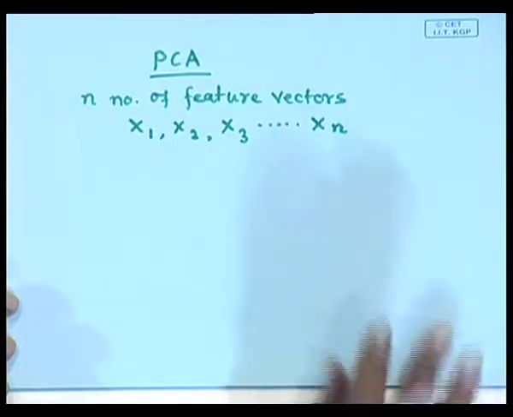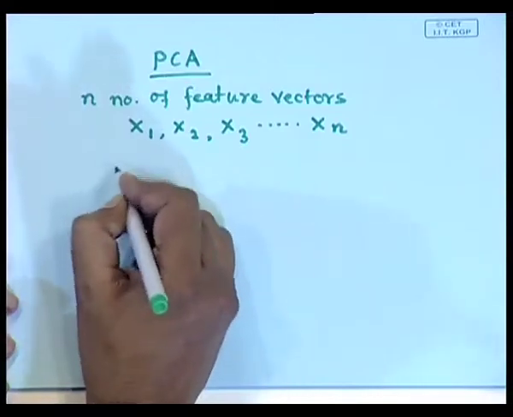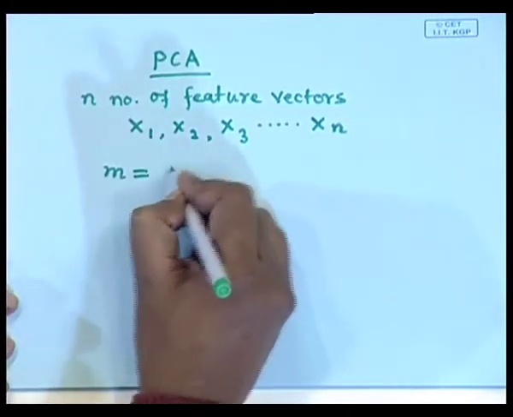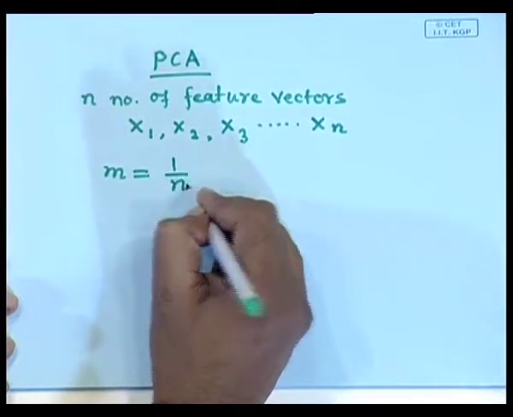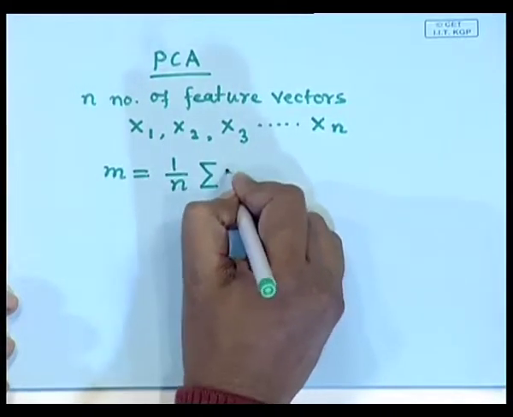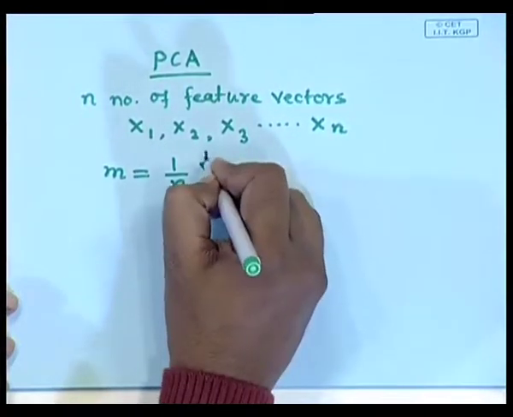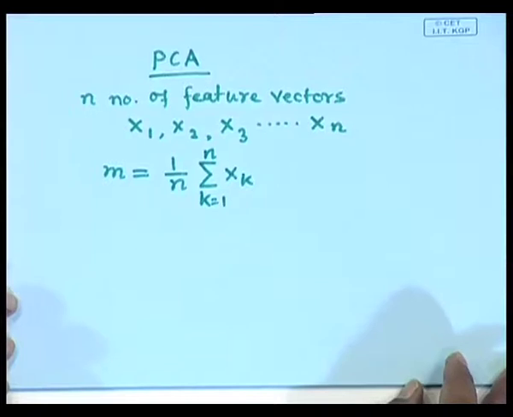Obviously, the mean of this set of feature vectors is given by 1 upon n sigma x k, k varying from 1 to n.